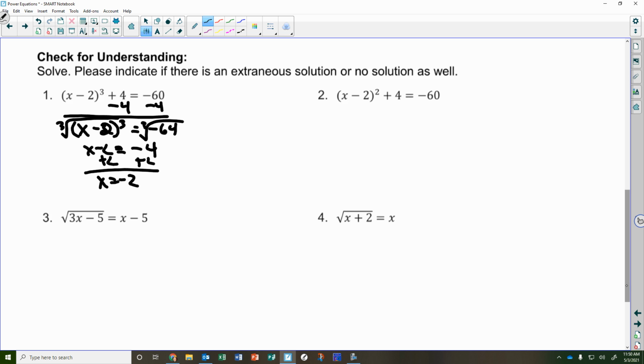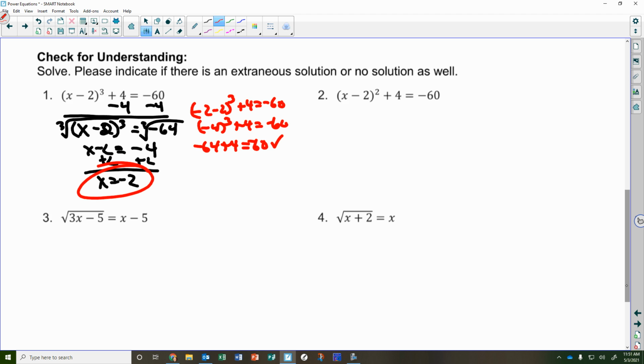So if I plug it in and check it, well, I get negative 4 cubed. And the cubic root of the negative 4 cubed is negative 64, plus 4 equals negative 60, so it checks. And we know that's our answer. Okay? Anytime you're solving something, you can always check it.